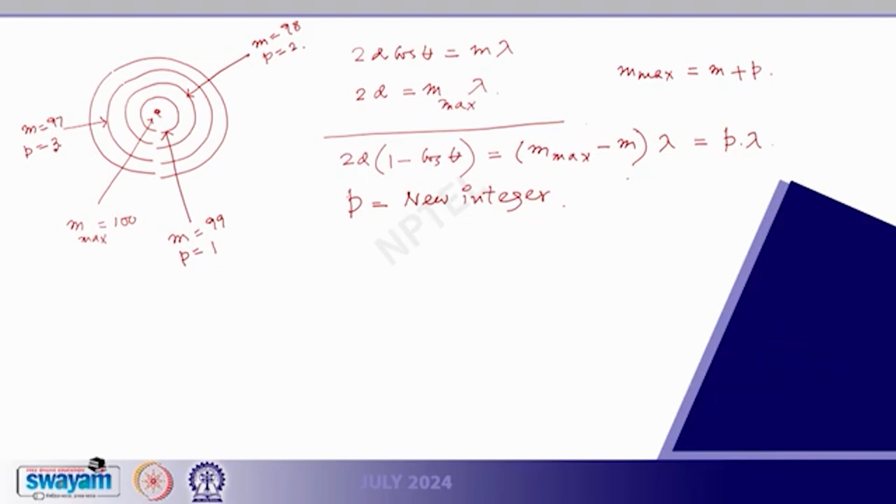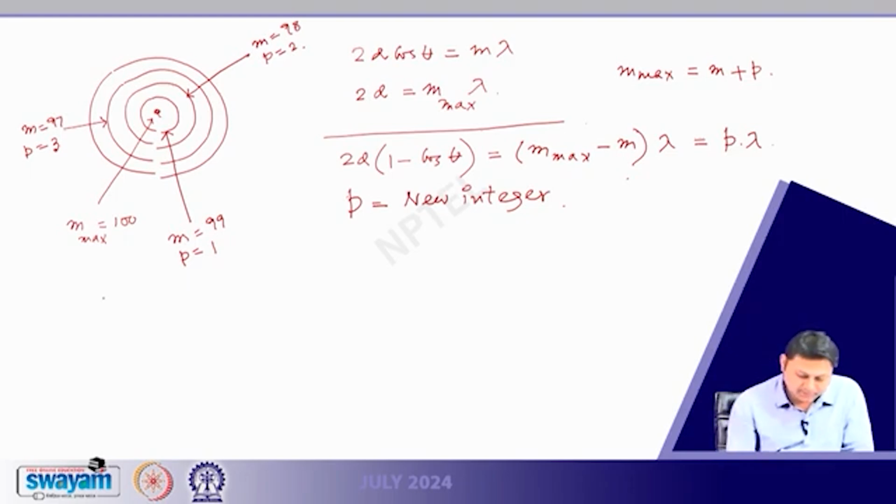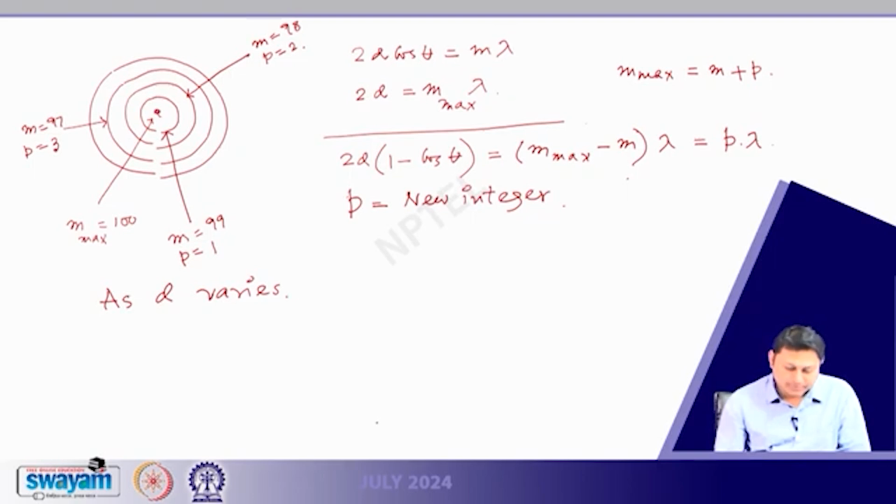Another thing, as d varies, that is important. Suppose we change the relative distance between these two mirrors in the arrangement.